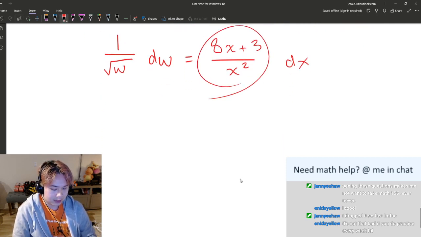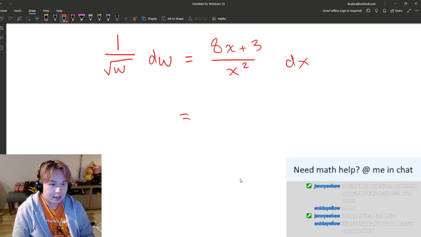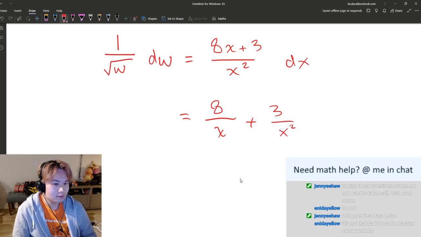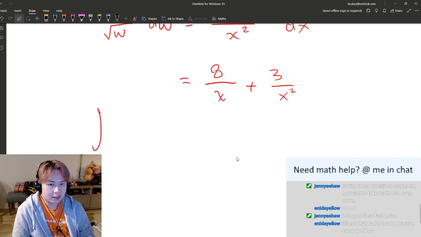This you can just simplify. That's 8 over x plus 3 over x squared. So then you just integrate.